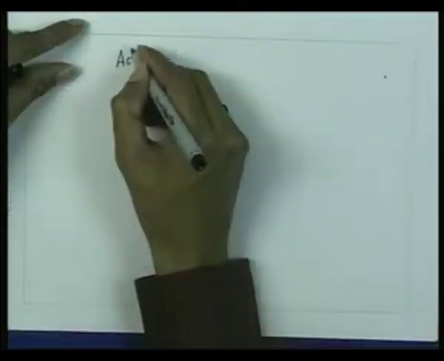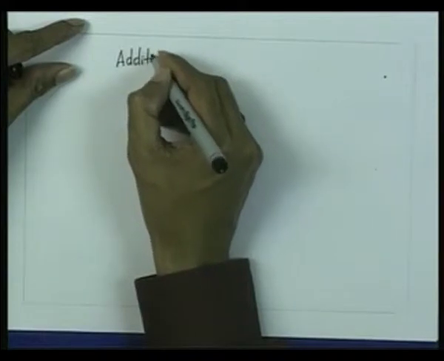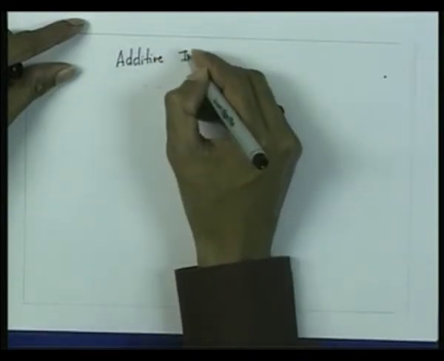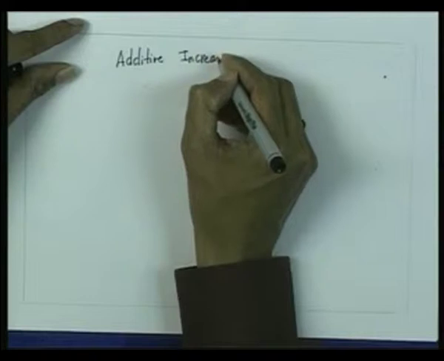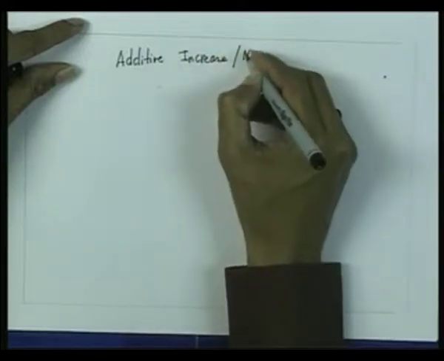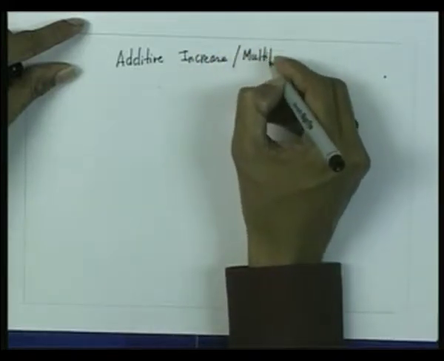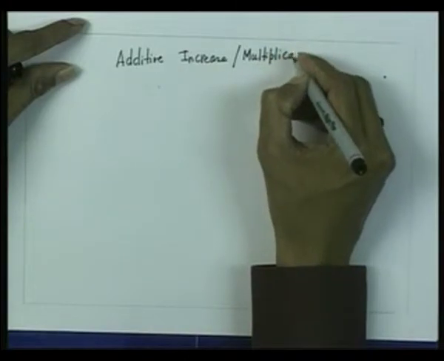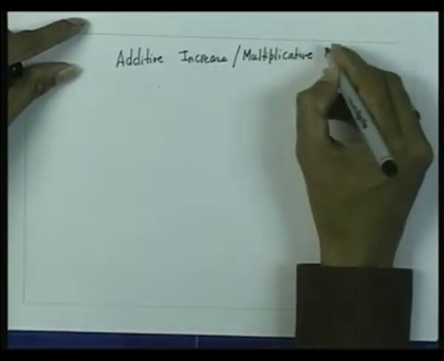Now let us look at the basic mechanisms of the TCP's congestion control. The basic mechanism of the TCP's congestion control is based upon the additive increase and multiplicative decrease.